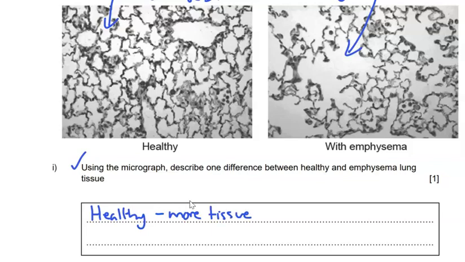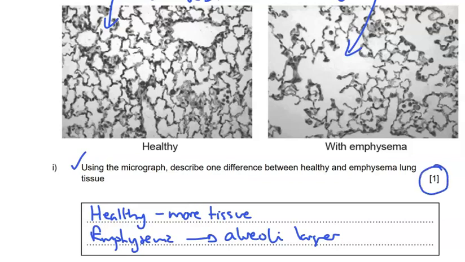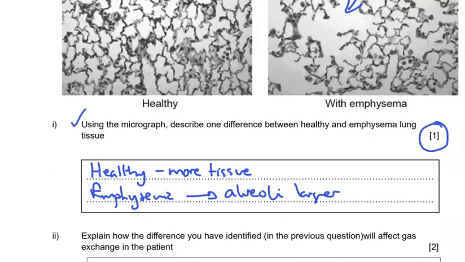It's got more cells visible, certainly. You might go back to the point which I previously made, that in the emphysema lung, the alveoli are larger. I think those are the two major issues that you might raise there, and that will bring you a mark.